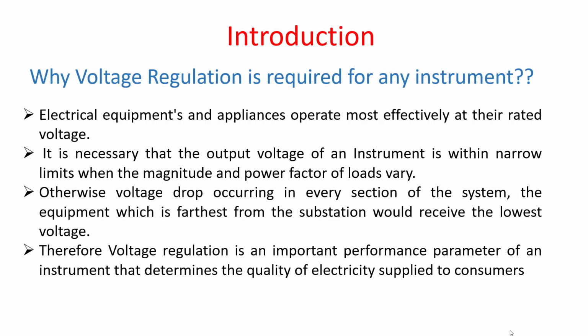But if lines are without load, then they behave like capacitors. In that case, the leading current will flow, and the voltage at the farthest end will be higher than the input voltage. Therefore, voltage regulation is an important performance parameter of an instrument that determines the quality of electricity supplied to consumers.